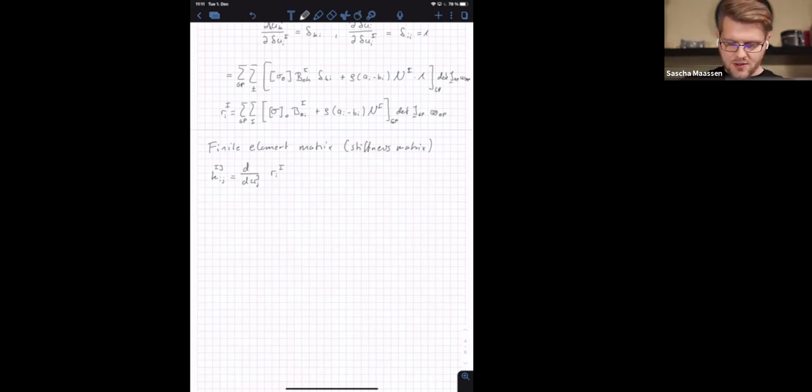Recognize here, we have introduced a second index for the nodes and a second index for dimension. And all of this, I think you have also derived in more detail in linear finite element method.